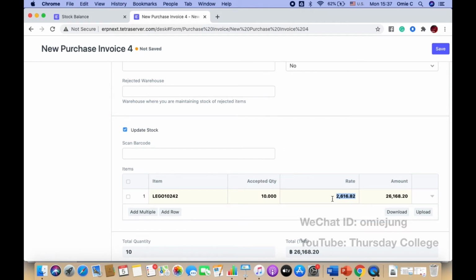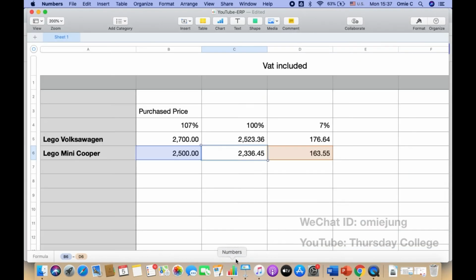Sometimes when you return the product the price has already changed, so the returned product may have more or lesser value than when you bought it. That is possible, but mostly we use the same price that we bought at. It's not in every case, but normally we use the same price.